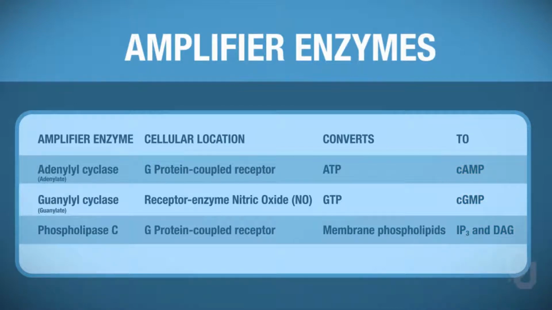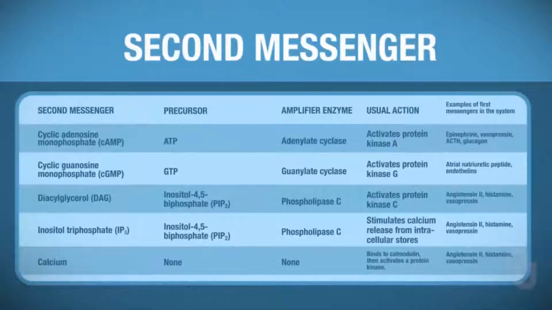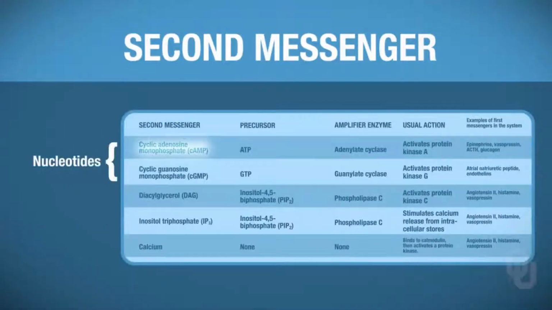Let's take a look at the various second messenger systems. Cyclic AMP and cyclic GMP are both nucleotides, so remember what makes up a nucleotide. DAG and IP3 are lipid derived. And then there's calcium, which is an ion. These are the five second messenger systems that we will be discussing throughout this semester.